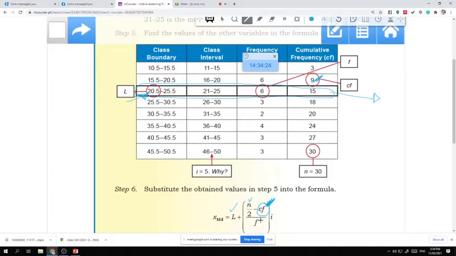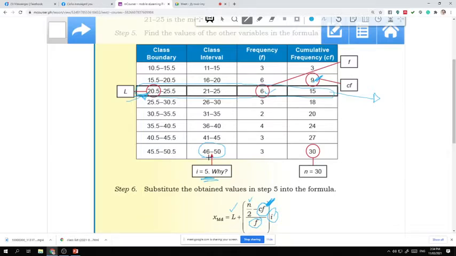Okay. Then you have the frequency of the median class. The frequency is simply 6. And the interval, how did you get the interval? Why is this 5? So you give me the explanation. Why is the interval 5? Oh, you count.